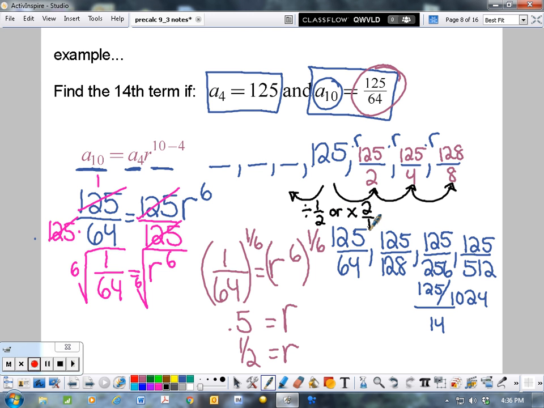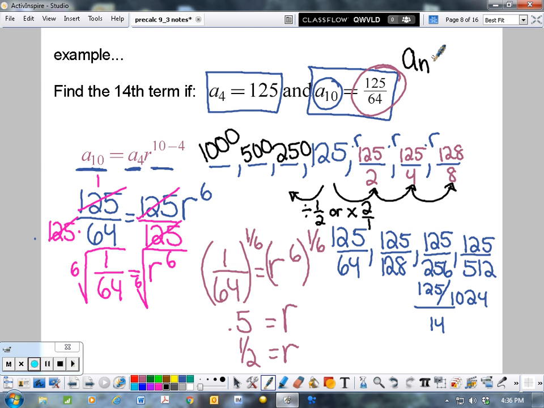So to move backwards, I can times by 2. So 125 times 2 gives me 250. 250 times 2 gives me 500. 500 times 2 gives me 1,000. And that gives me my first term, which then allows me to write my nth term.